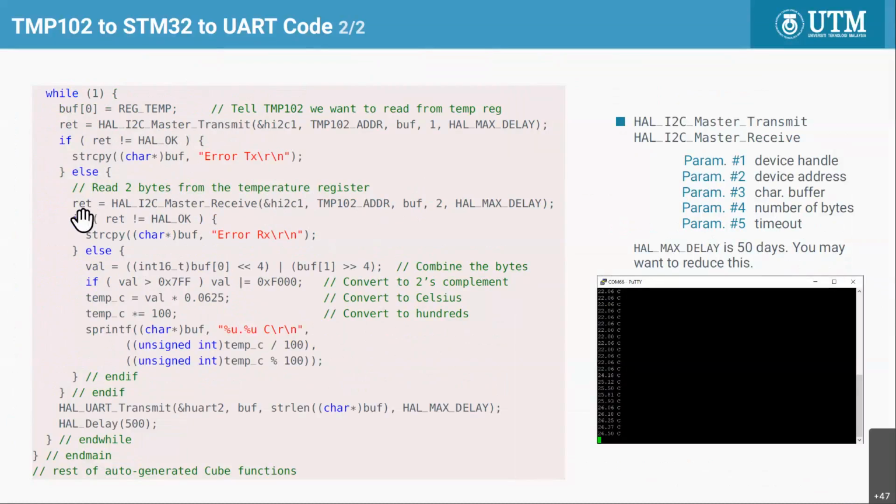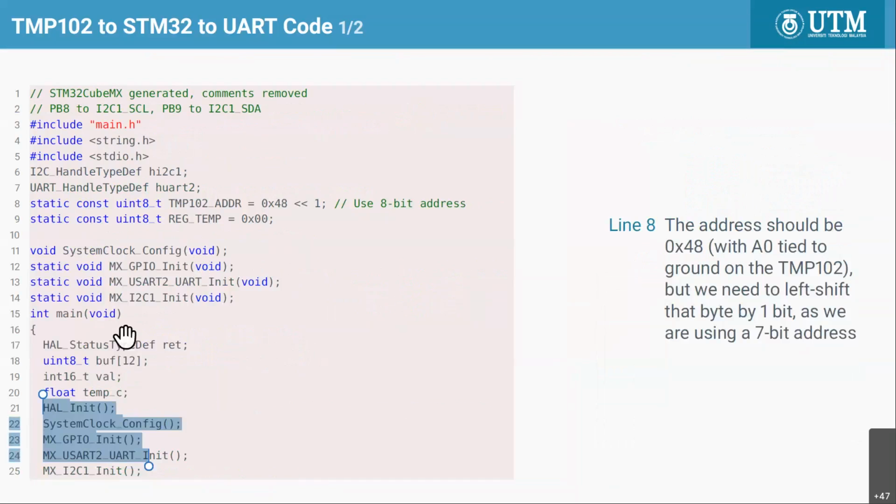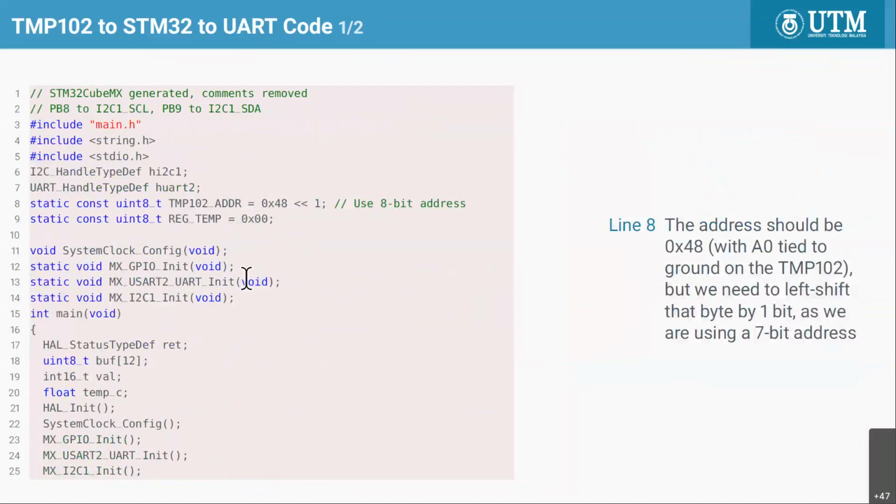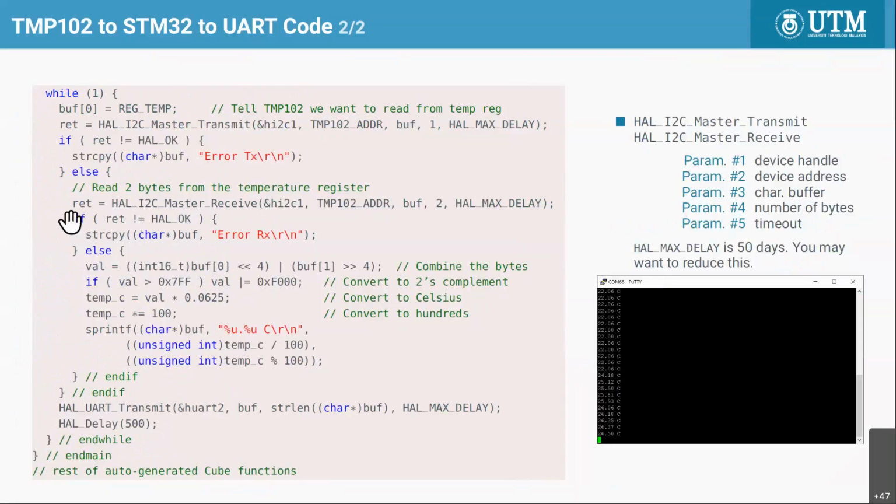So here you can see RET. This is the value you use to store the data. HAL status type def RET. So RET here is the place to store the error code.